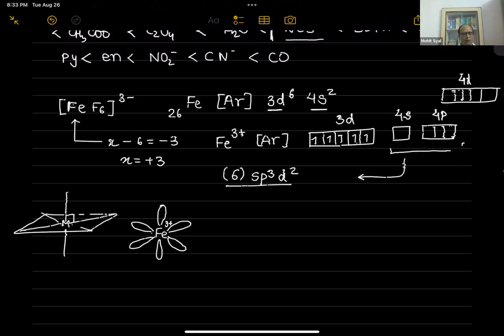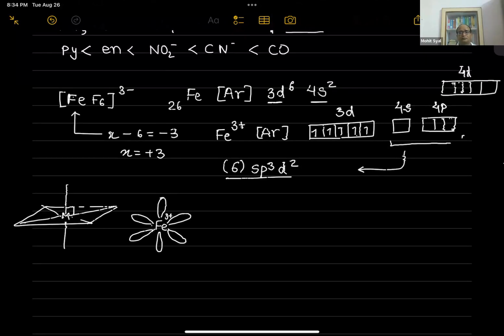Aisha, Marwa, in an octahedral complex, what is the bond angle between the 2 nearest groups and the 2 farthest groups? 90 degrees for the 2 nearest, exactly 90 degrees. And any 2 which are farthest or opposite, one at the top, another at the bottom, that is 180.